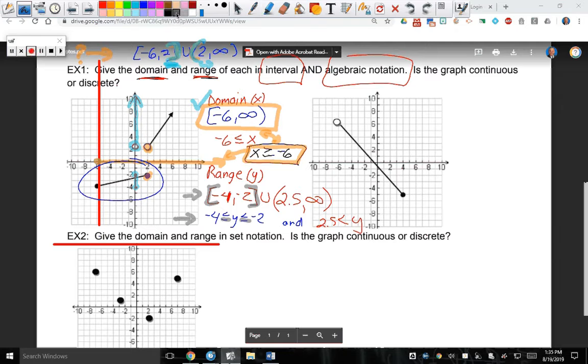So 2.5 is less than y because we don't have this equal to here. It's just less than. Anyone else? What's probably the preferred way I would want you to write this on a quiz or whatever? Y is greater than 2.5. This is the way I prefer it. Okay, so that's interval notation. That's algebraic notation.